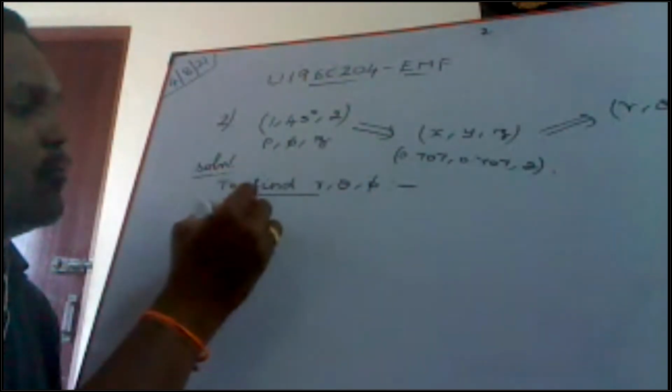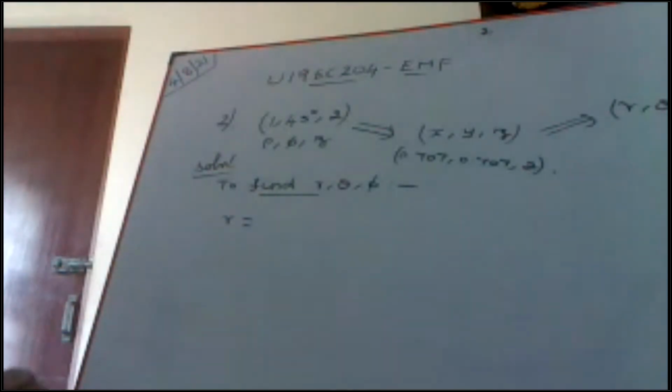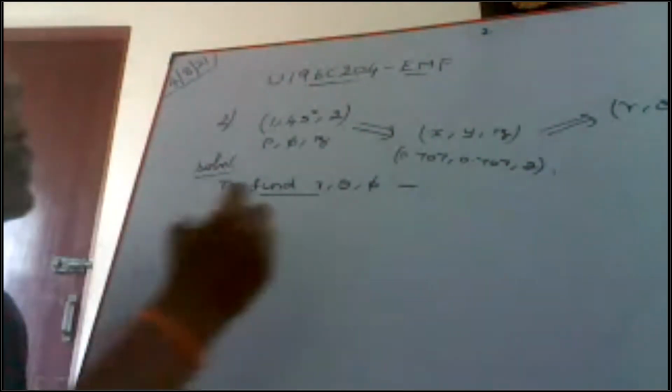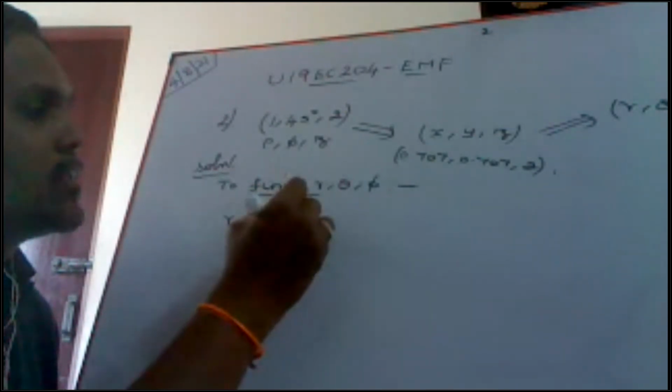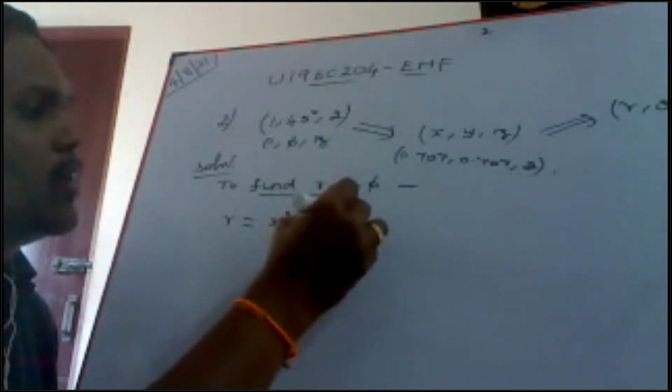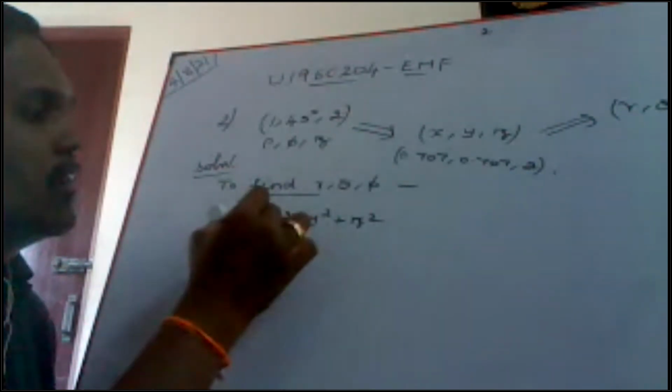What is the formula to find r? Can anyone tell what is the formula for r? x square plus y square plus z square. Yeah, good, Anjali. Thank you. So r is the square root of x square plus y square plus z square.